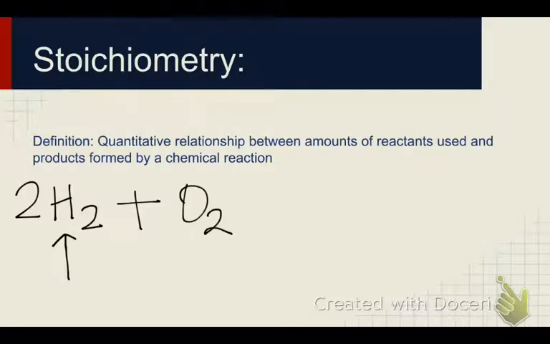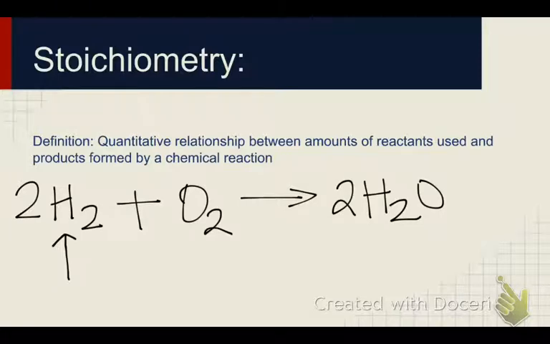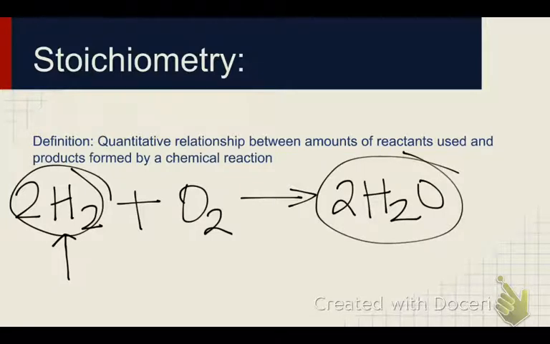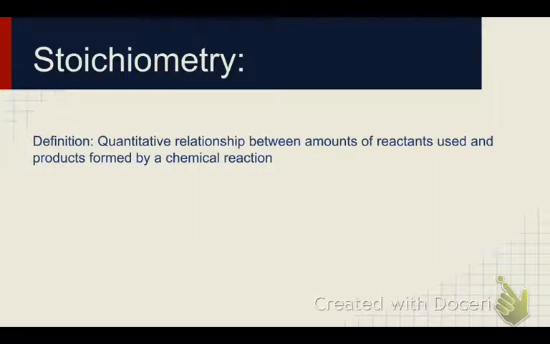We know that hydrogen reacts with oxygen to create water, and so using the relationship between hydrogen and water, I can give you any amount, whether it's in grams or in moles, and you can tell me how much water I would produce. This is where the mole ratio comes into effect.